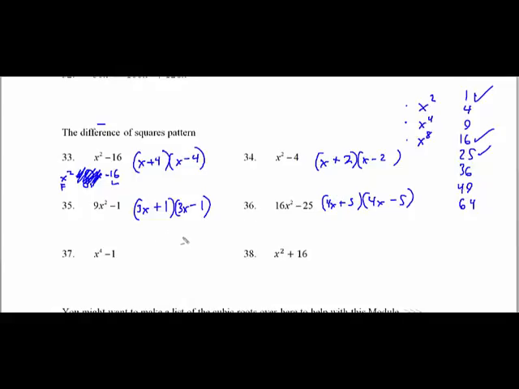These last two problems, to finish the video, are going to take things just a little bit further, because this x to the fourth is a square number, which is x squared and x squared. Now I can get very technical here and tell you that the square root of x to the fourth is the same thing as x to the fourth raised to the 1/2 power, and 4 times 1/2 is 2.